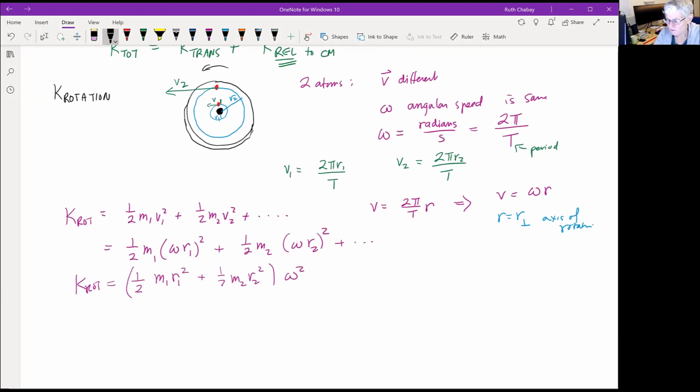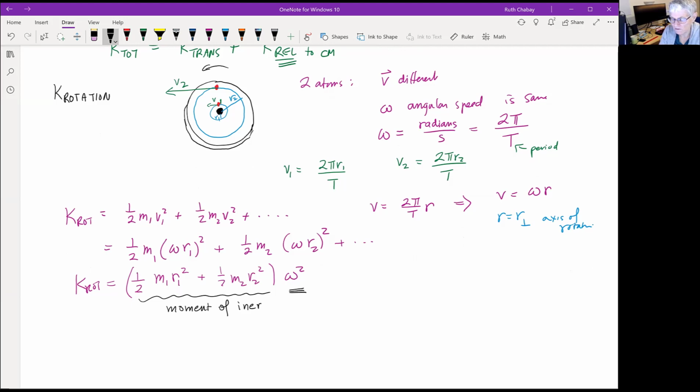So if we know the angular speed, the number of radians per second that it's going around, we can calculate the rotational kinetic energy. And this quantity here has a name. This is called the moment of inertia.